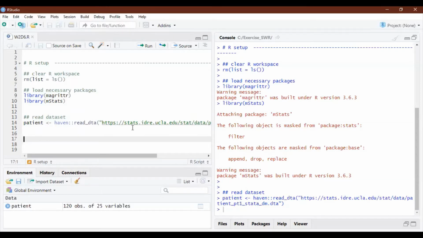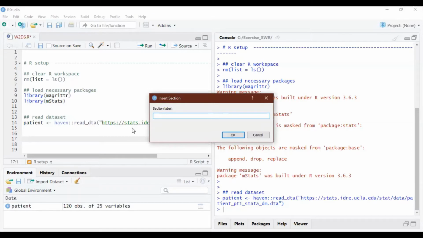From this point, we are going to add a section with Control Shift R, and say it is a bivariate analysis, but we will call it inferential statistics.